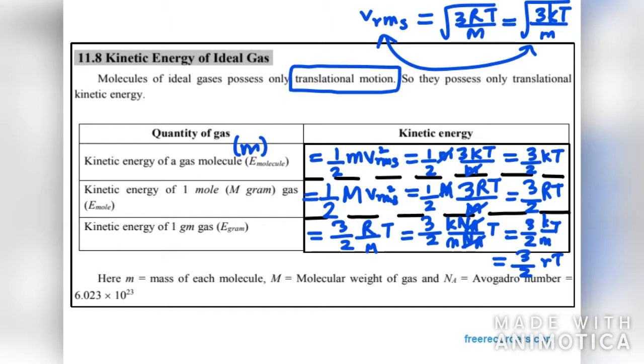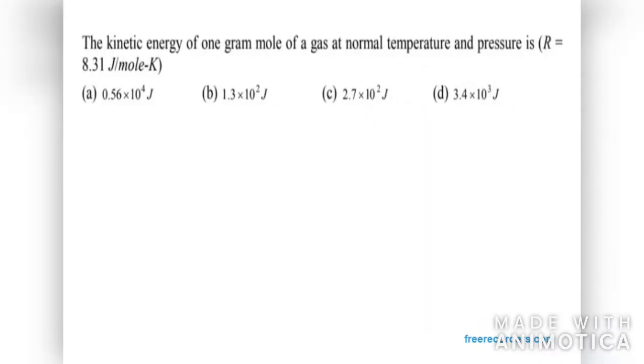Let's move on to the next part, which is some problems based on kinetic energy. The first one says: the kinetic energy of 1 gram mole of a gas at normal temperature and pressure is. Here we are given the R value. We need to find the kinetic energy of 1 gram mole, which is equivalent to 3 by 2 RT.